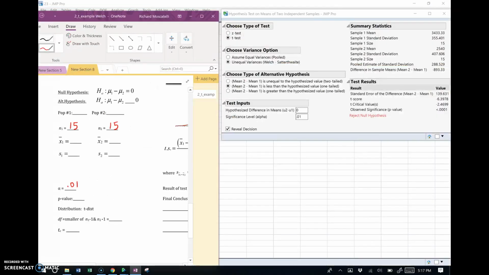All right, so population 1, I'm going to go ahead and call them the control. Population 2, that's the treatment. So the X bar 1 was 3433.3 about. And the standard deviation of that sample, 355.4.